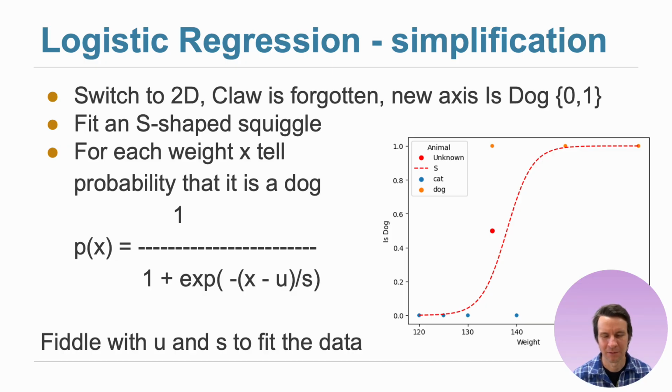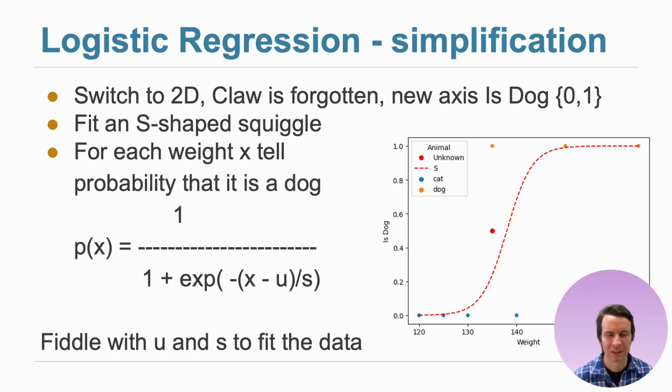If the weight is large, it should be large, close to 1, and if the weight is small, then I would like the outcome to be 0 or close to 0, which is not likely to be a dog.